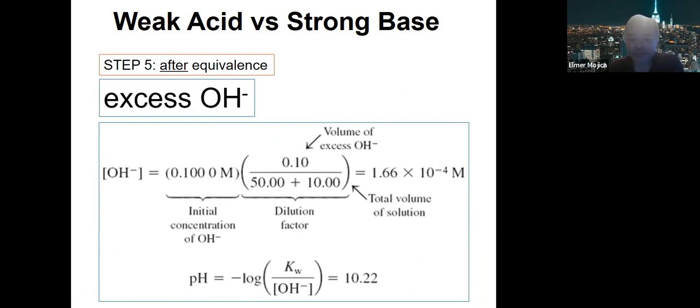Okay, so let's say you have 10.1. So how are we going to do this, 10.1? So you have the initial concentration of the hydroxide, which is 0.1 times 0.1 divided by, I think this should be 10.1.